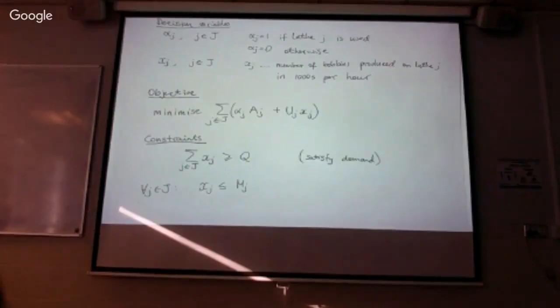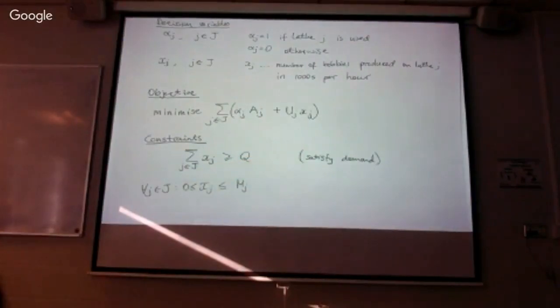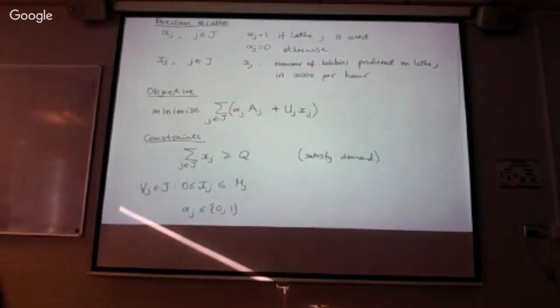Xj is going to be greater than or equal to 0. Then alpha j belongs to {0, 1}. Anything else? Yes.